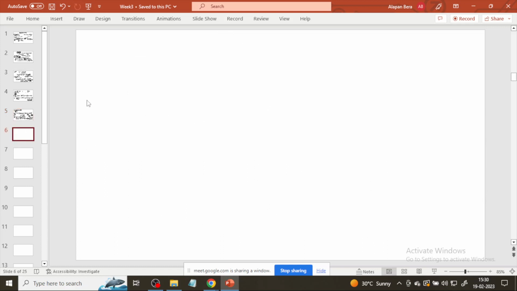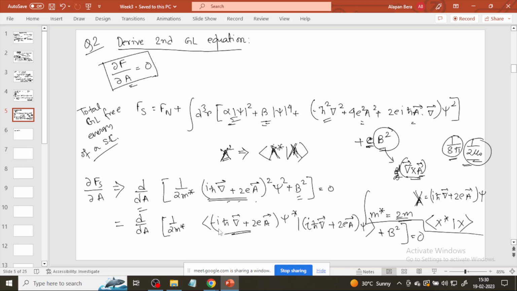Let's go to the next page. This term, when we simplify it more, gives us 2e. So I am just writing the simplified form. When we take the derivative of this with respect to A, only 2e survives.